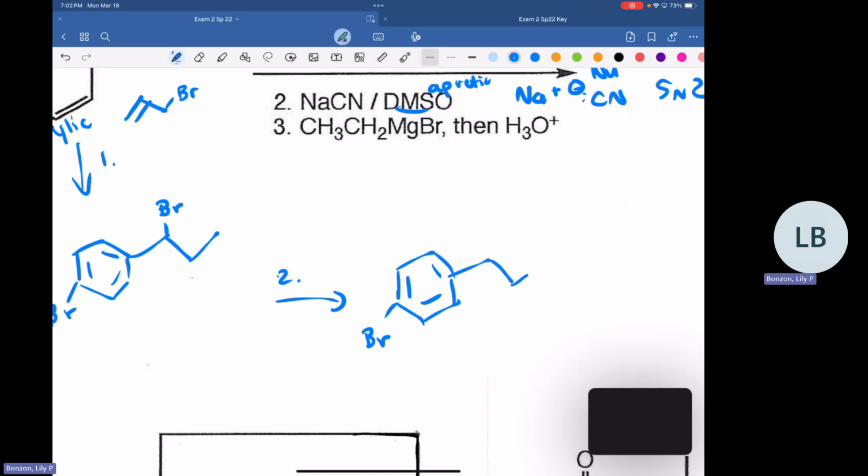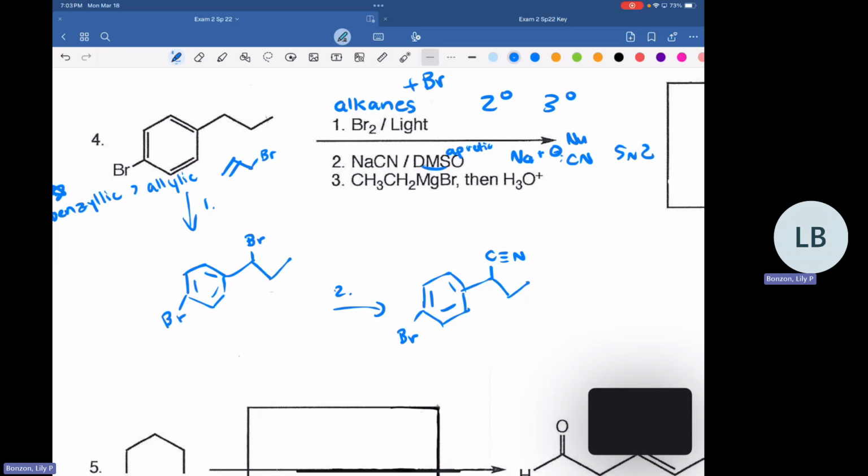In this case, I don't think you'd have to worry about stereochemistry because it's not indicated to you at the very beginning. So you wouldn't have to worry about putting it on yourself. If you really wanted to, just to be safe, you could show that it changes, but you wouldn't lose points for it in this case.